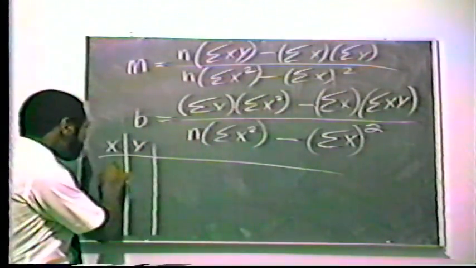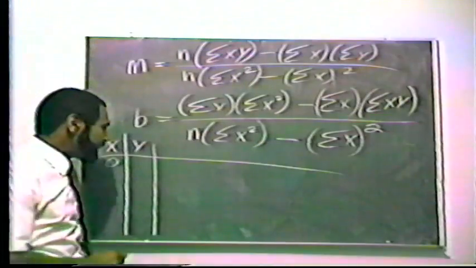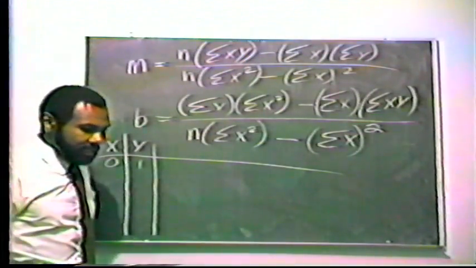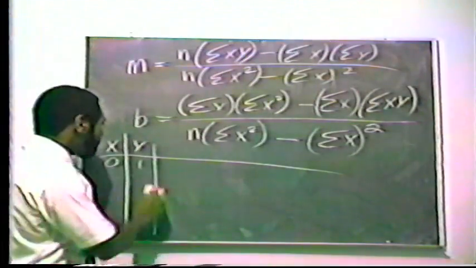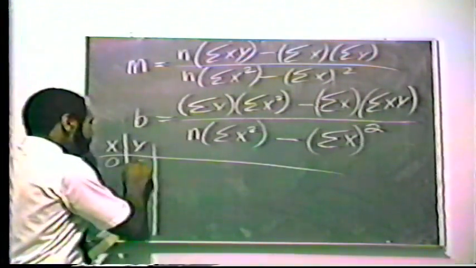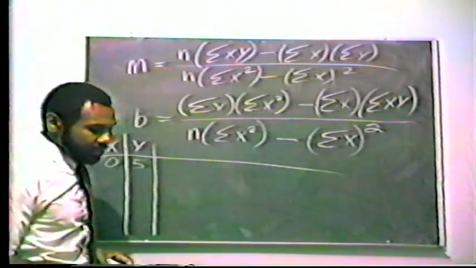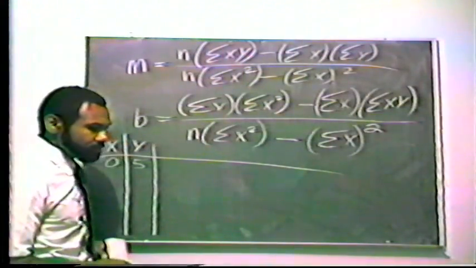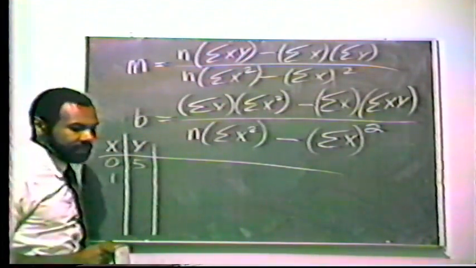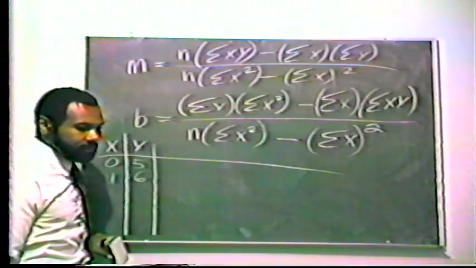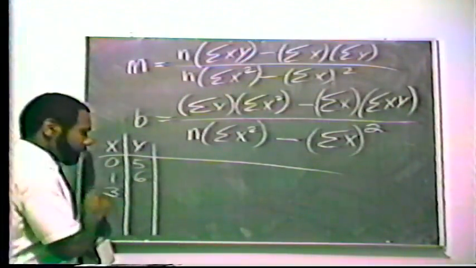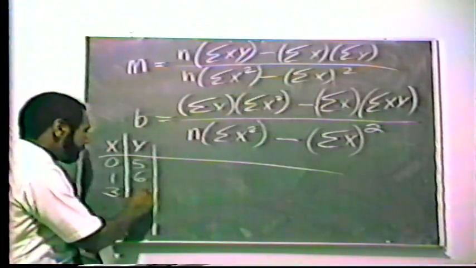If the load was 0, the length was 1. If the load was 0, the length was 5. If we had a load of 1, we had a length of 6. For a load of 3, we had a length of 8.